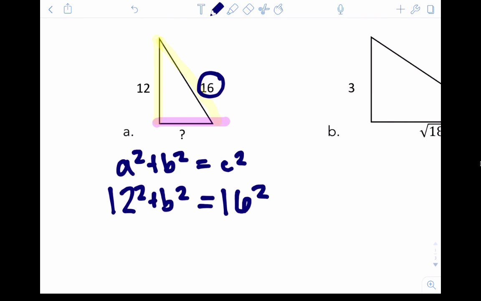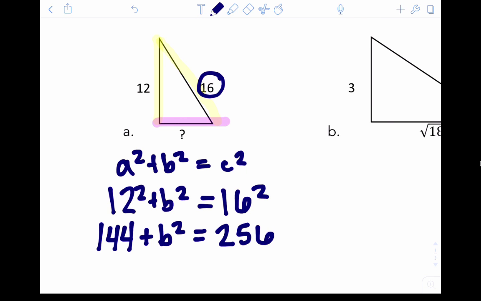I'm going to go ahead and simplify this. So I know 12 squared is 144. I have plus b squared. And 16 squared is 256. So now I'm going to subtract 144 from both sides because I want to get b by itself.